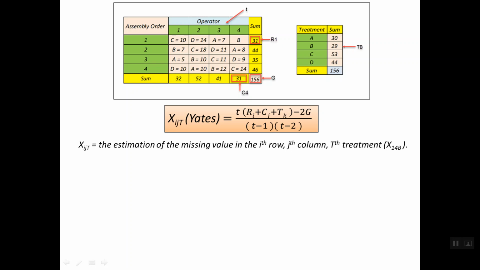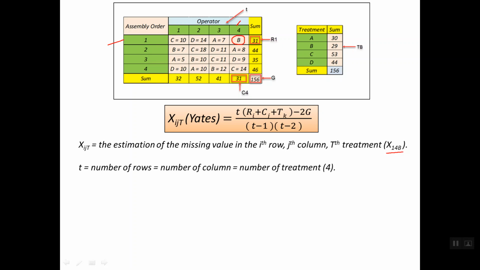And in our question, the missing value, as you see in the table above, lies in the first row and the fourth column and for treatment B. So it's called X14B.